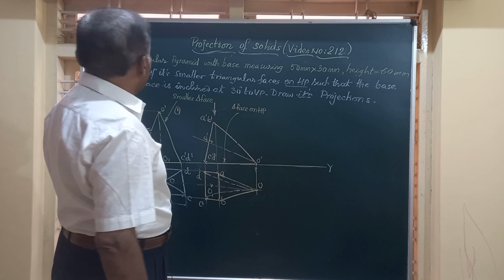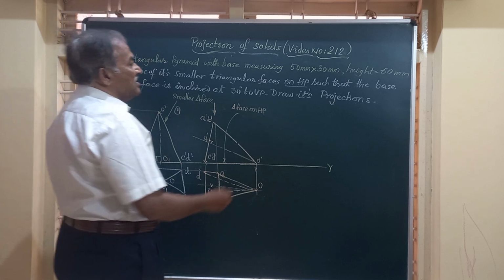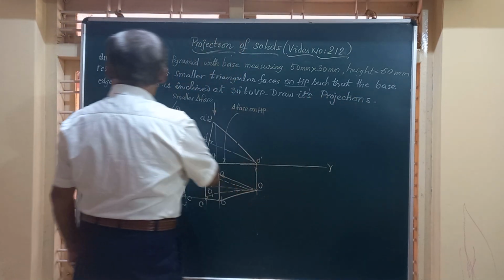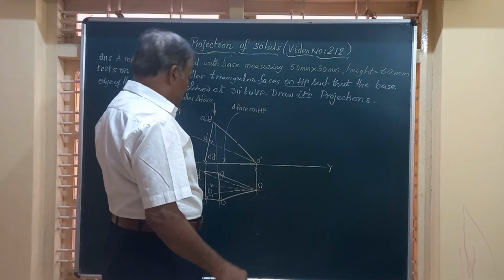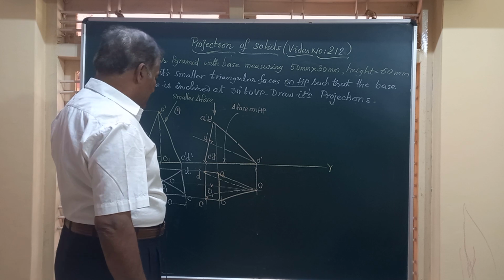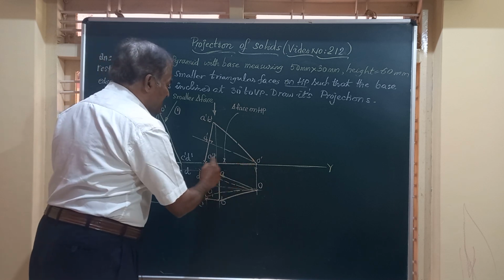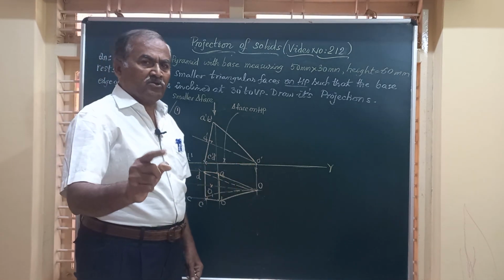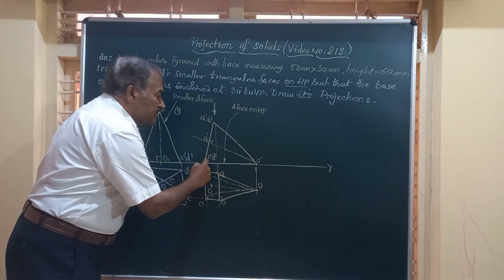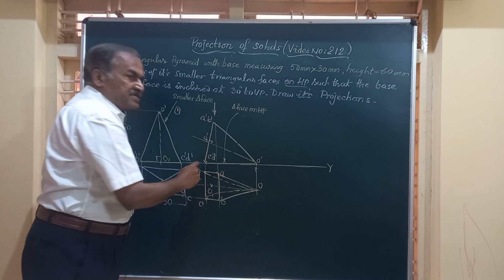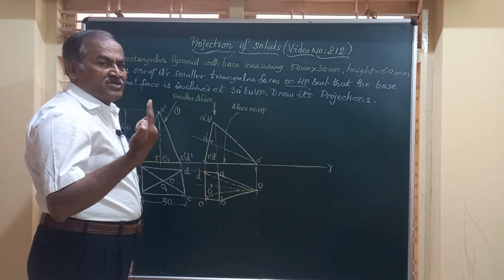But the third part of the question says the base edge of that face is inclined at 30 degrees to VP. Friends, you know very well, O dash, C dash, D dash is a triangular face which is on HP. C dash, D dash in the front view represents the front view of the short edge.